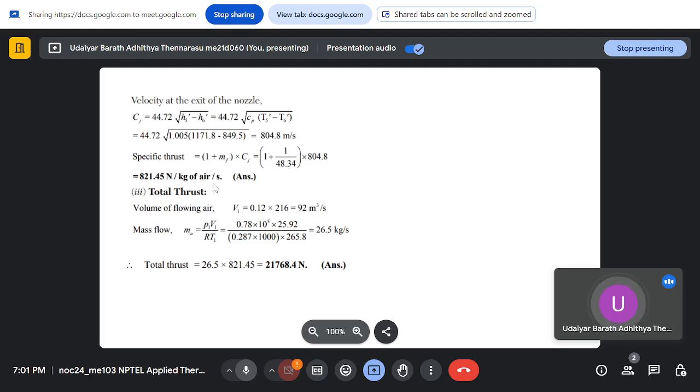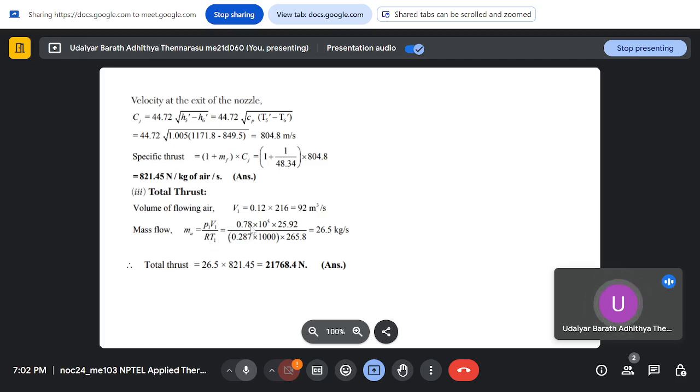Now I need to find out the total thrust. The diffuser cross section area is given. So V1 is 0.12 into 216, so 92 meter cube per second. So mass flow is PV by RT.